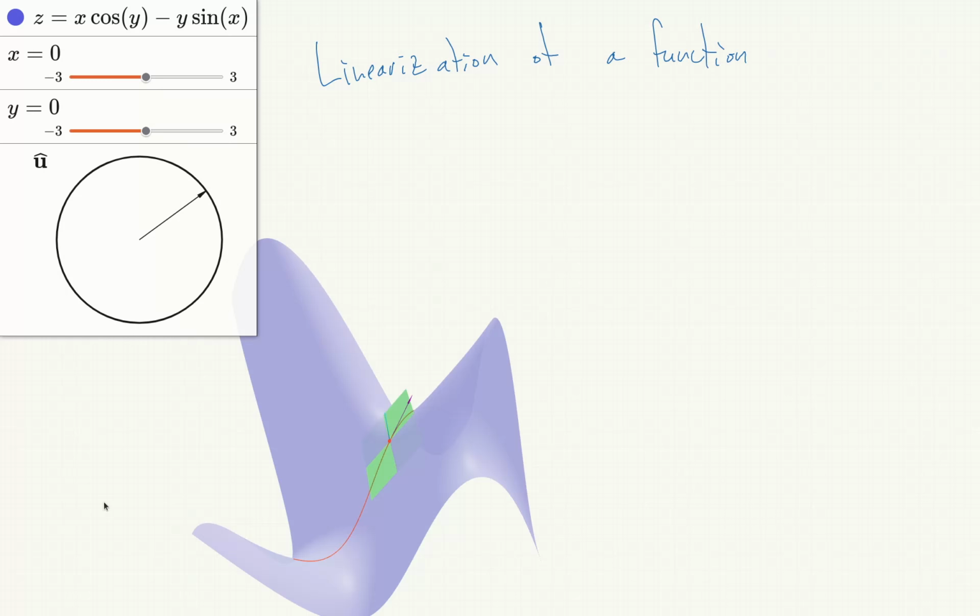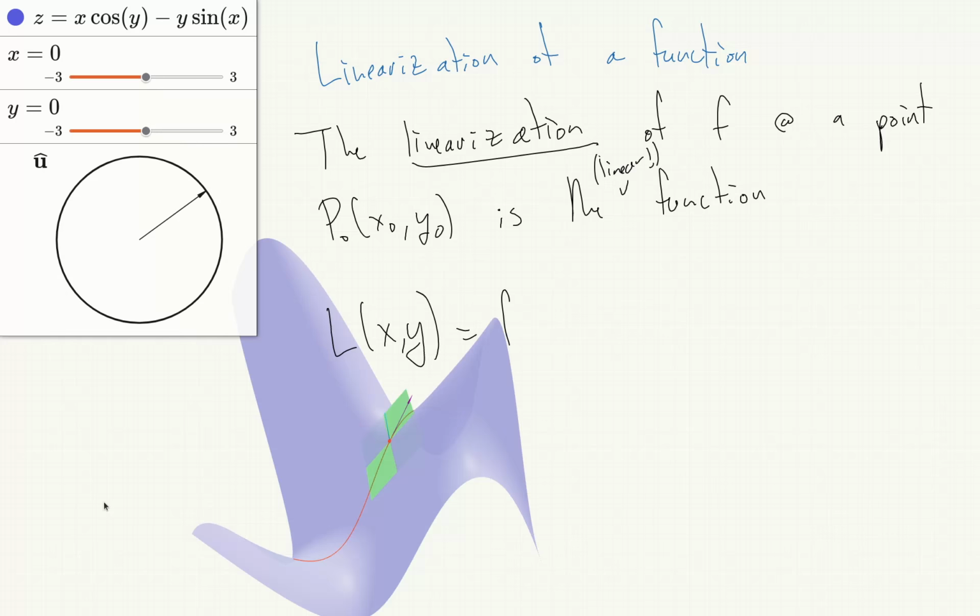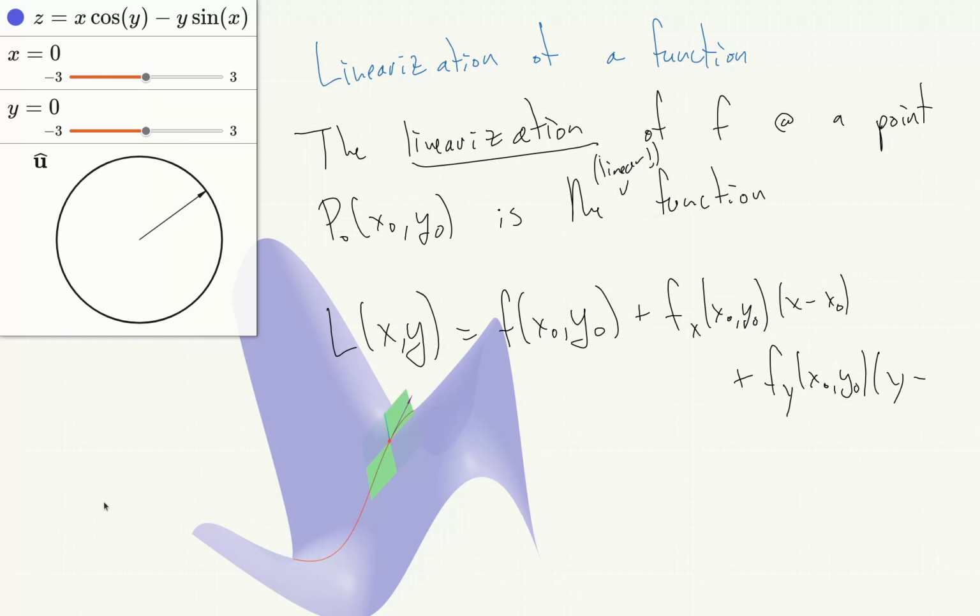So the linearization of f at a point p0 = (x0, y0) is the linear function L(x, y) = f(x0, y0) + fx(x0, y0)(x - x0) + fy(x0, y0)(y - y0).